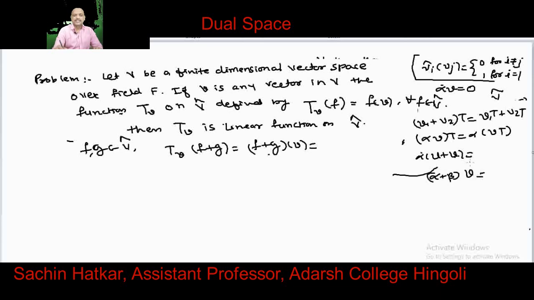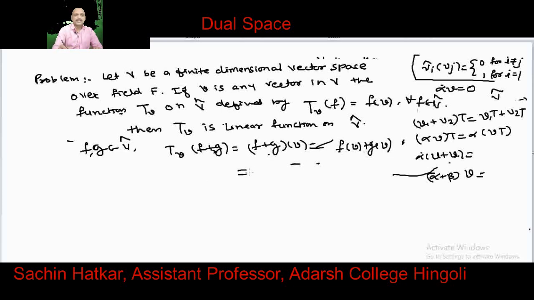Now apply the definition of vector spaces. Here we are operating these functions. This is equal to F of V plus G of V. By definition, what is F of V?